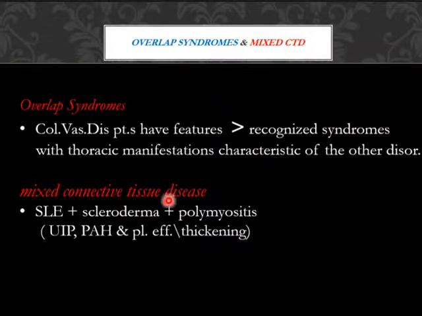But mixed connective tissue disease is SLE, scleroderma, and polymyositis. All these together share the features of UIP and fibrosis, pulmonary arterial hypertension, and pleural effusion and thickening. In this case, pleural effusion and thickening is mainly due to SLE.